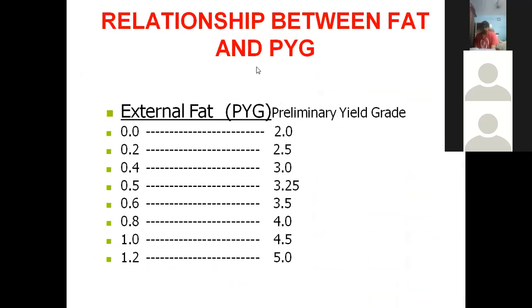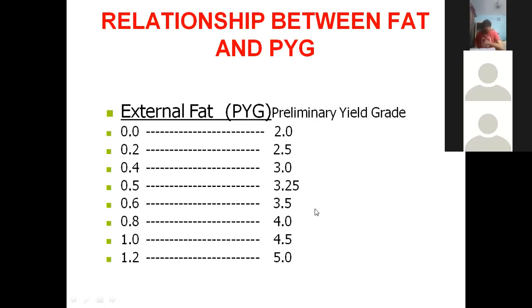Zero external fat is grade 0, 0.2 is 2.5, 0.4 is 3, and it keeps on increasing. For every 0.1 inch thickness of fat, the grade increases by 0.25.